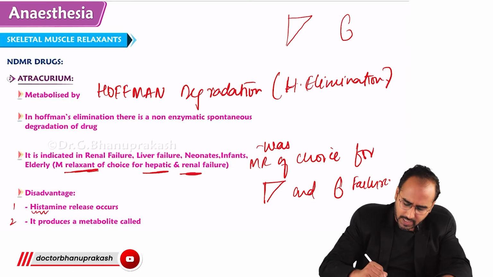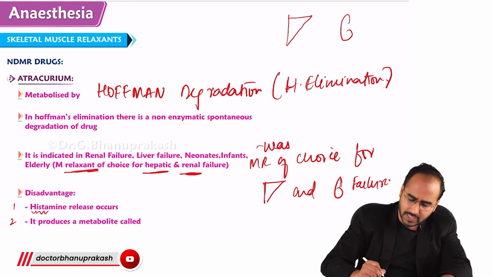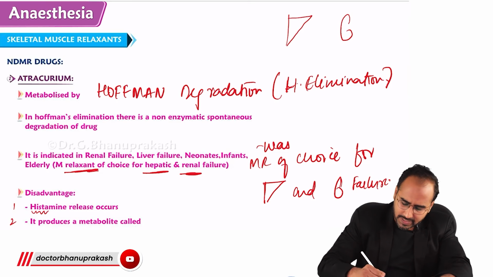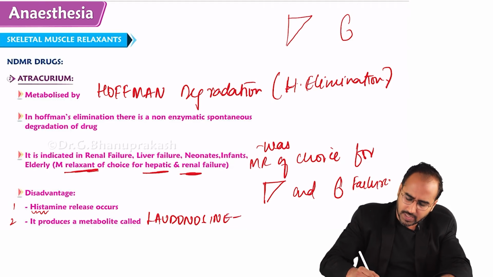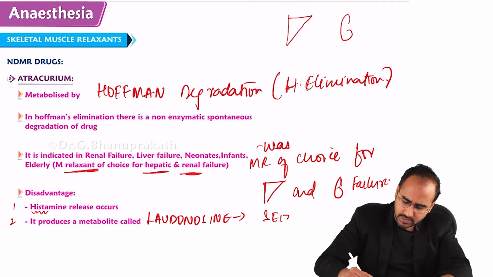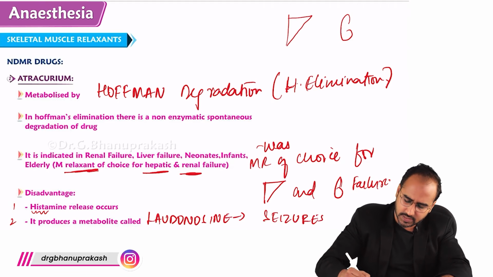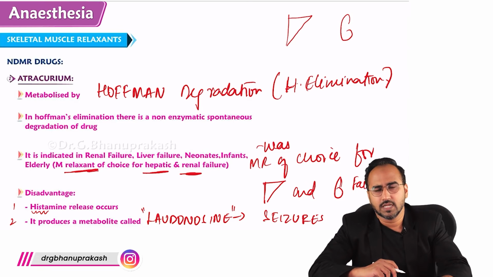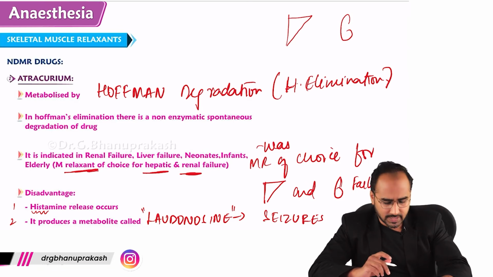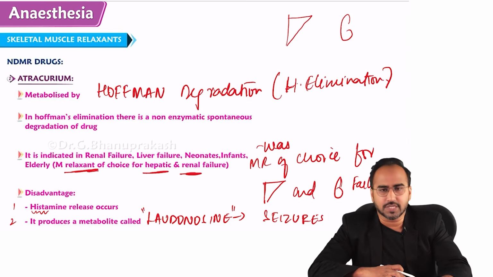Second side effect, it produces a toxic metabolite on long-term infusion. What is that metabolite called? Laudanosine. That can cause seizures, right? It produces a metabolite called laudanosine that can cause seizures. That was regarding Atracurium.